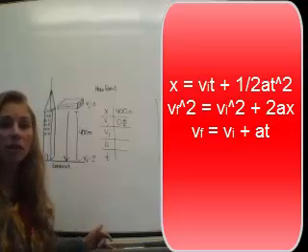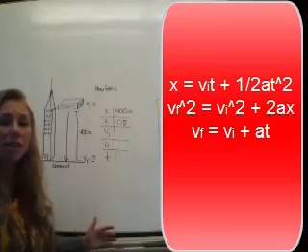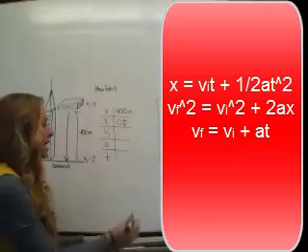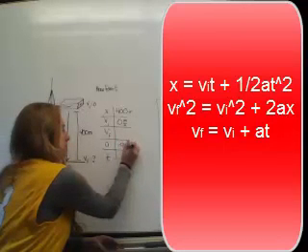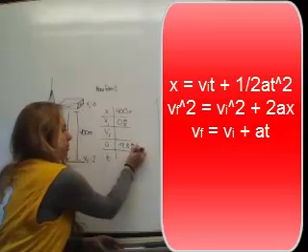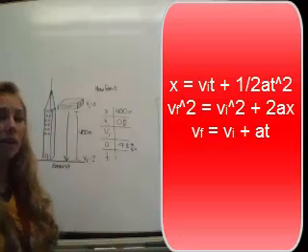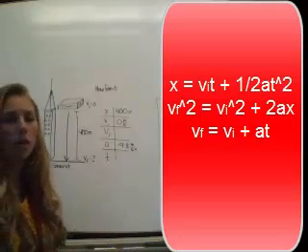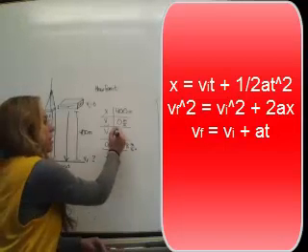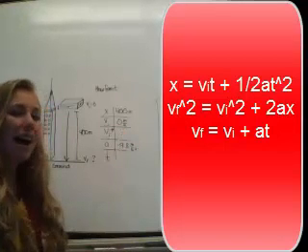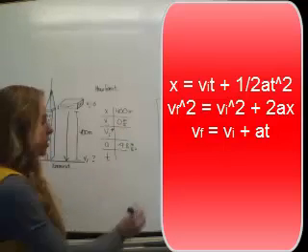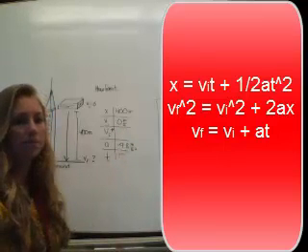Well, this textbook is going to be in free fall, which means that its acceleration is negative 9.8 meters per second squared, because we're on Earth. Ultimately, the problem is asking us to solve for how fast. So we're looking for the final velocity. I do not know what the time is, so I'm going to put a line through the time.